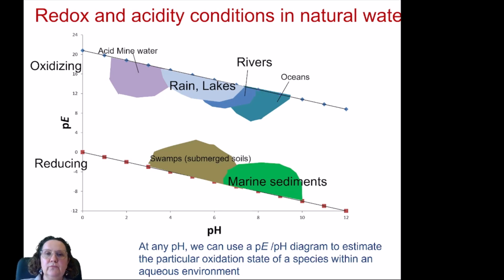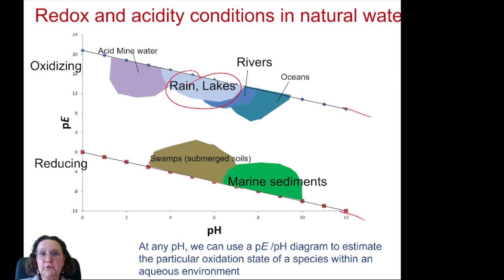And you have, from rainwater or lakes or rivers or oceans that are very aerobic conditions, to marine sediments, well below into the water, or swamps, submerged soils that have very reducing, very anoxic conditions. So at any pH, we can use these, and these two lines are, as I mentioned before, the stability of water.